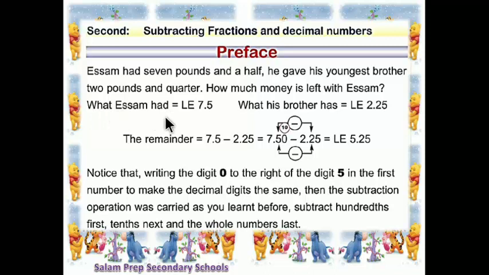What Isam had, 7 pounds and half, means 7.5. Okay? 7 pounds and 50 piastres. 7.5 pounds.